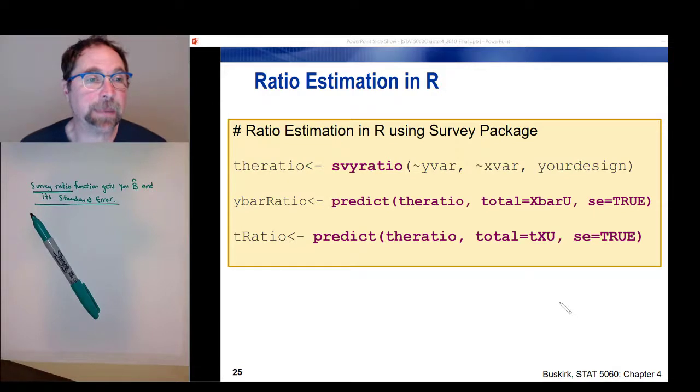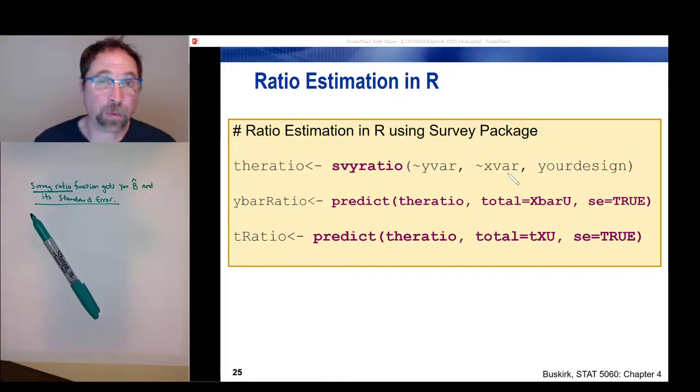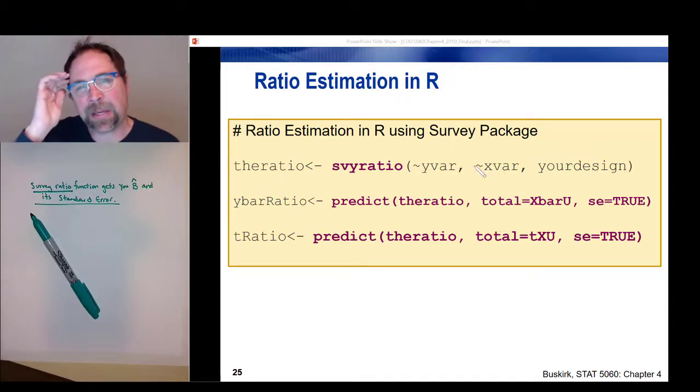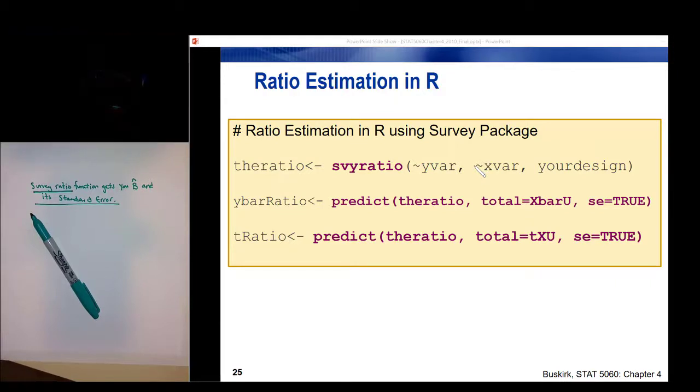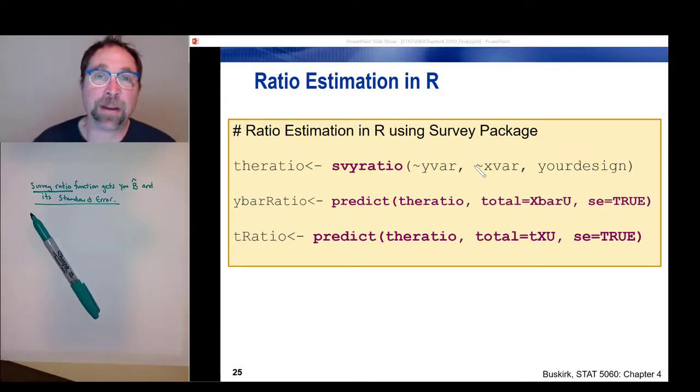That's the first variable it's expecting. You're going to specify the x variable, which is the denominator variable, also with a tilde. And don't forget, the x var lettering here refers to the actual variable that is the x variable in your data set, but you have to start it with this prefix of the tilde. That's really an idiosyncrasy of the survey package in R, just to make sure that it knows that you're grabbing a variable inside of the data set. So don't forget that notation, or you might not get this to work.